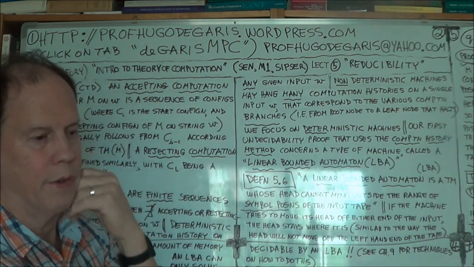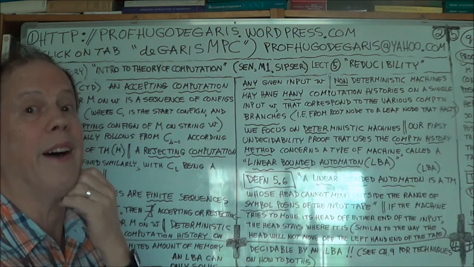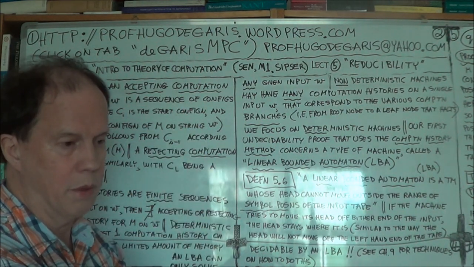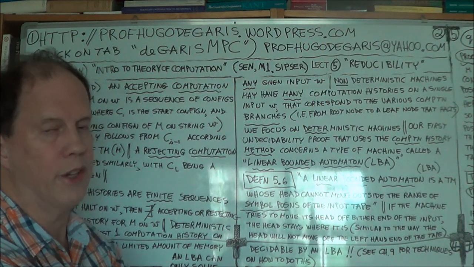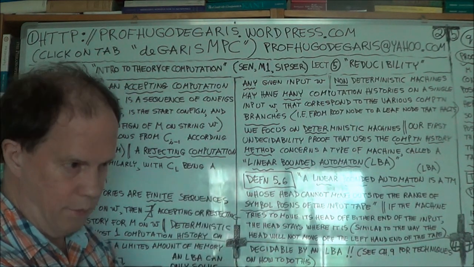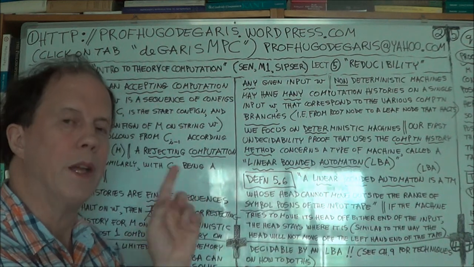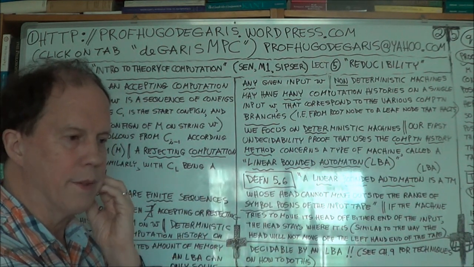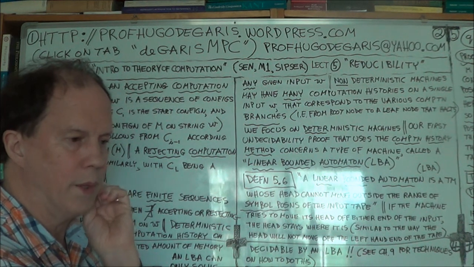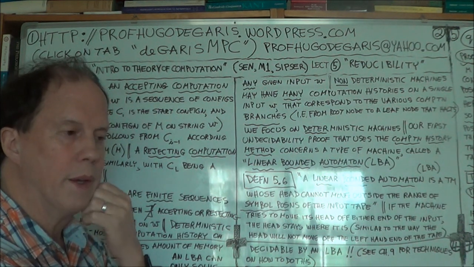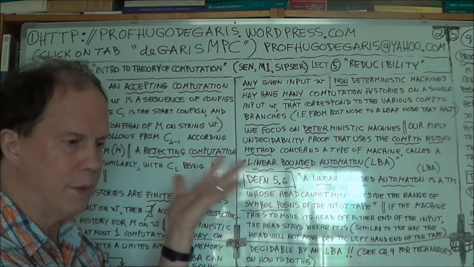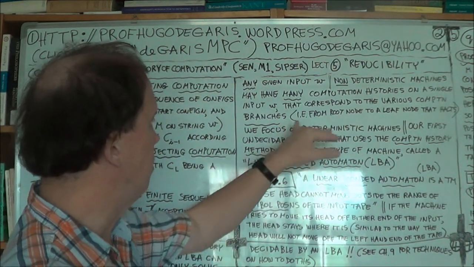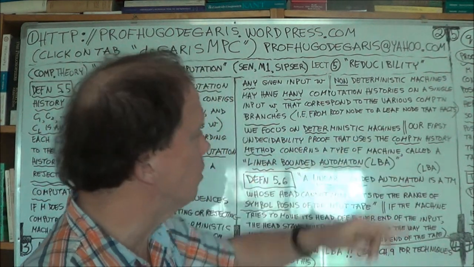For each path from the root node to the accepting or rejecting leaf node, you would have a history, and you may have multiple accepting or rejecting paths in your tree. But non-determinism is more complicated, so from now on we'll focus on deterministic machines.